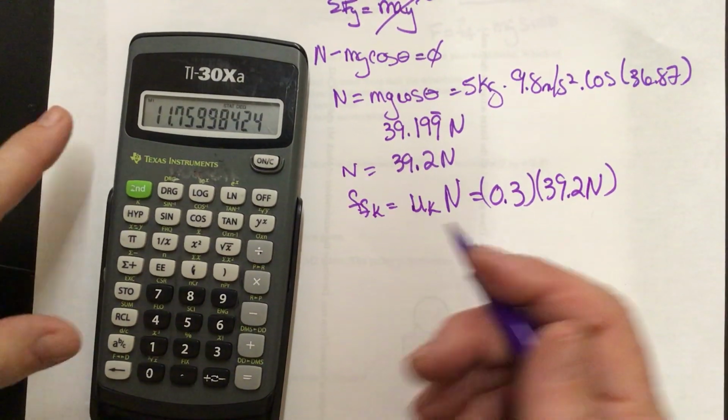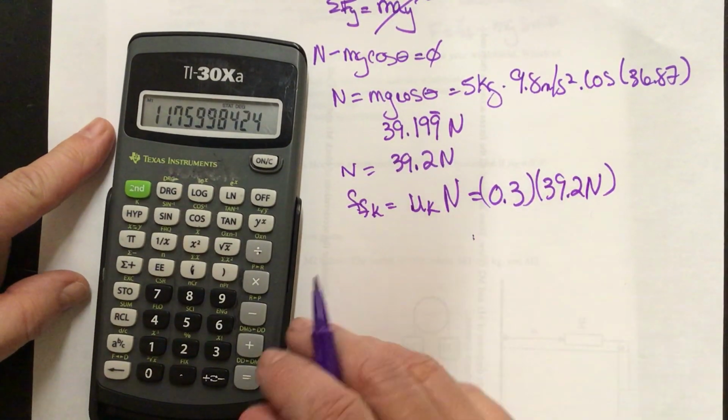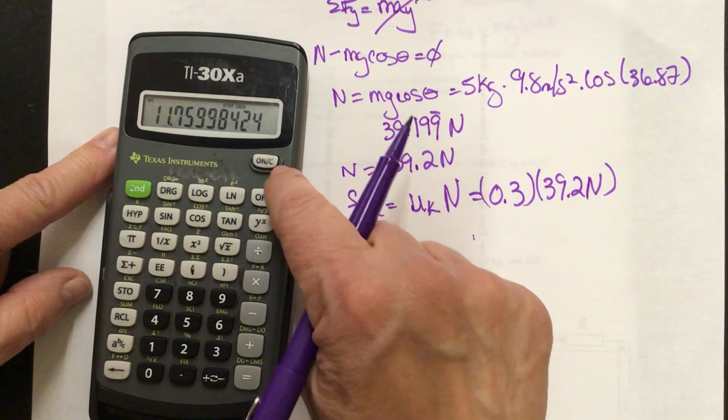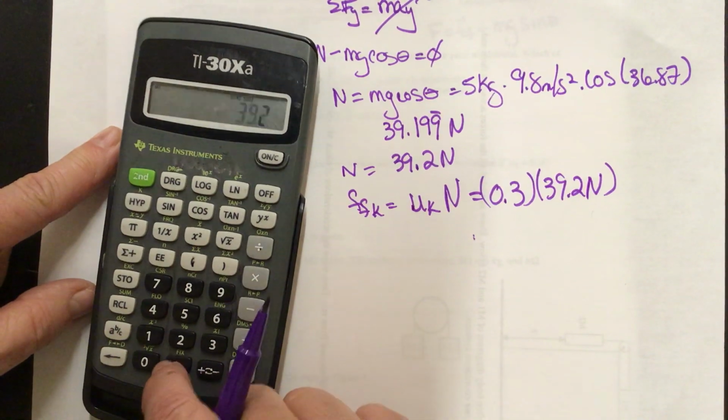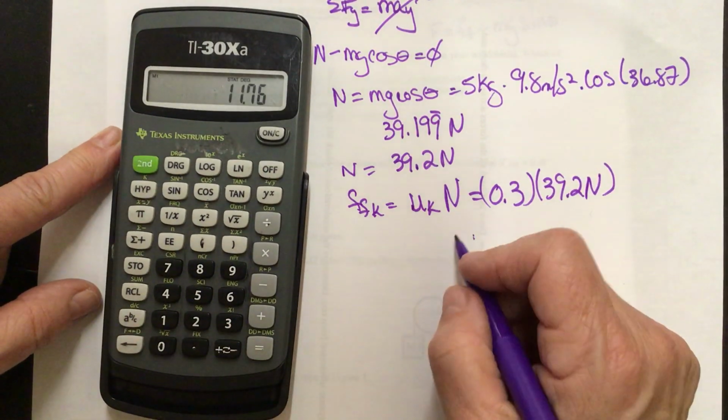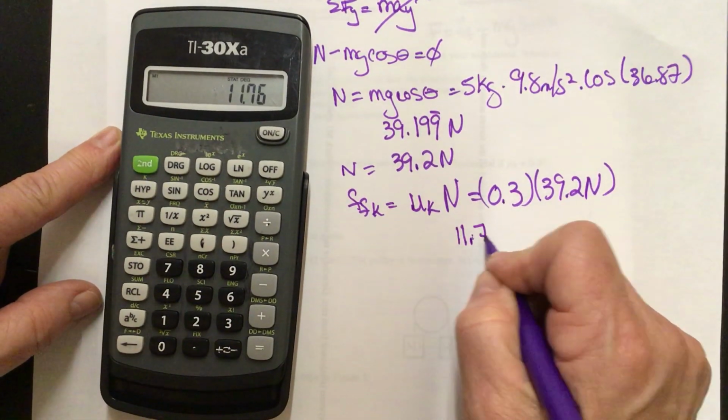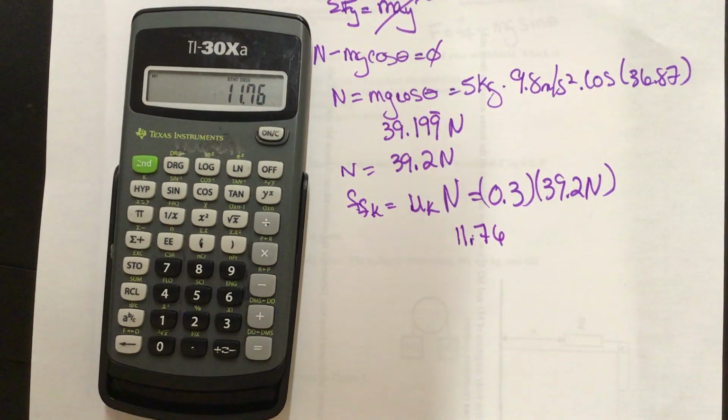All right, I didn't round that up, sorry. So I think 11.76, but let's round it up. Okay, yeah, 11.76. So now I know my friction.